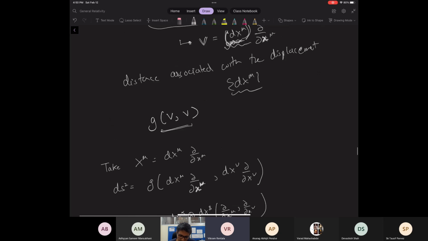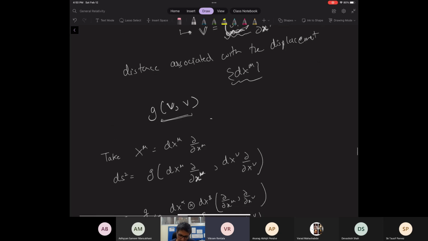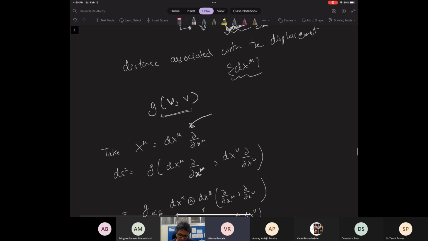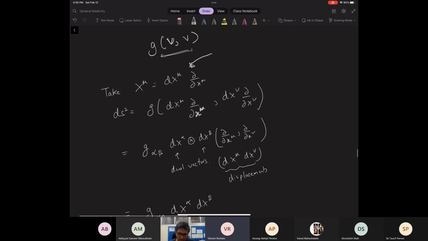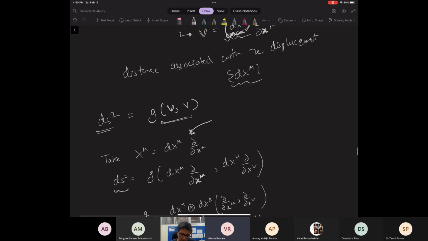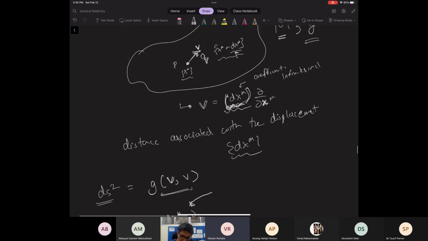So now we'll just plug in v, which is this dx mu partial x mu. We'll plug it in here and calculate the dot product of v with itself, and we'll denote this as ds square. So this ds square gives me the distance between the points p and q, which are infinitesimally nearby in some coordinates dx mu.